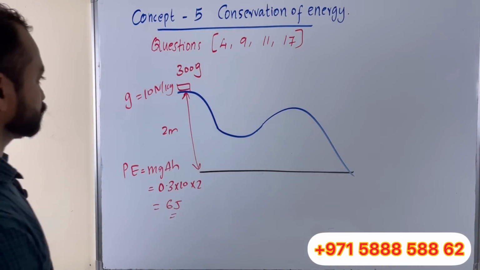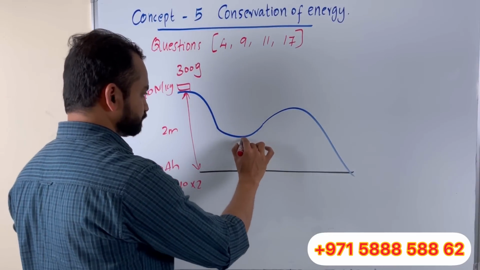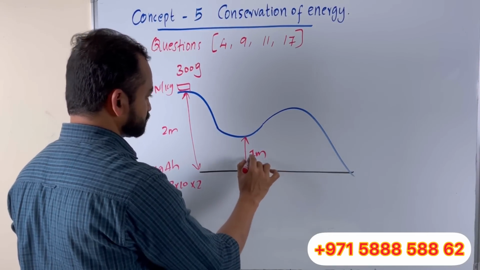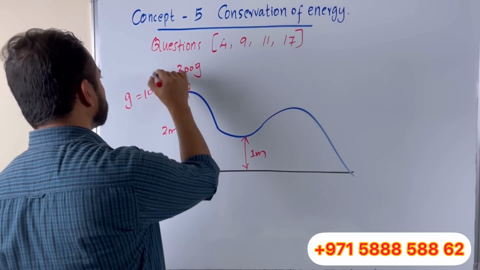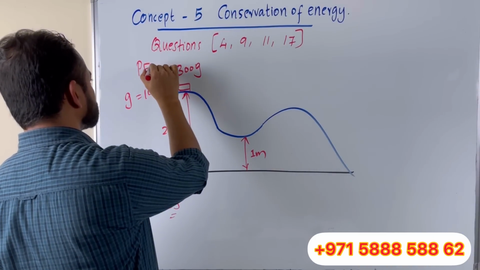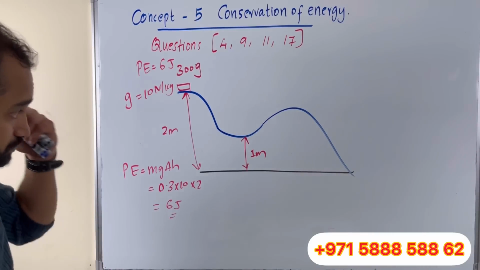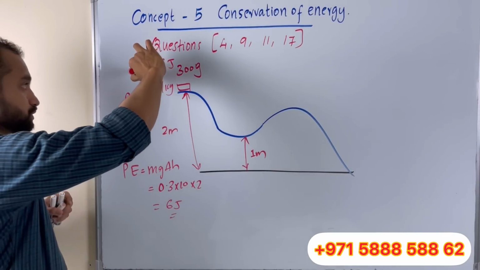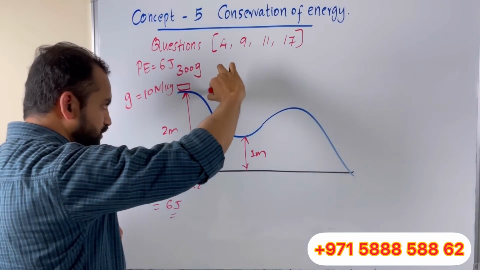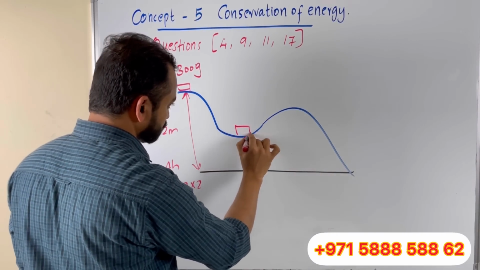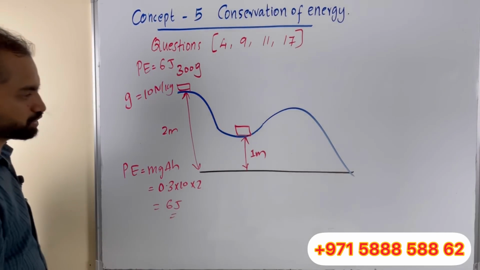6 joule is the potential energy, and for example this height is 1 meter. Here, the potential energy of the toy car that we calculated is 6 joule. Now when this toy car is rolling down and reaches here, what will be its potential energy?